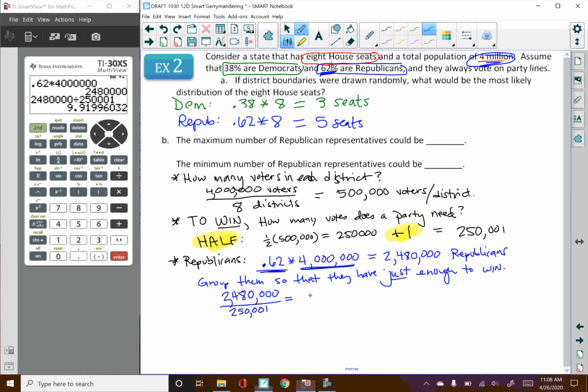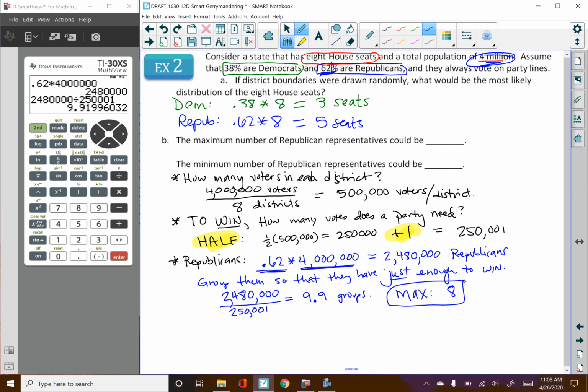We have enough to make 9.9 groups. Well, there are only 8 districts here. So Republicans' maximum that they could win is 8.